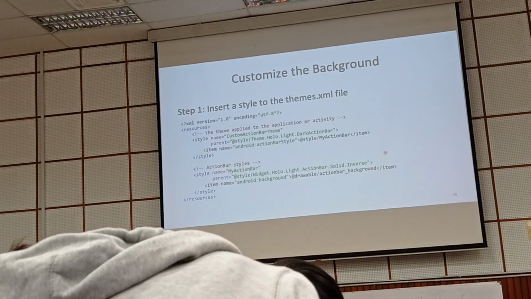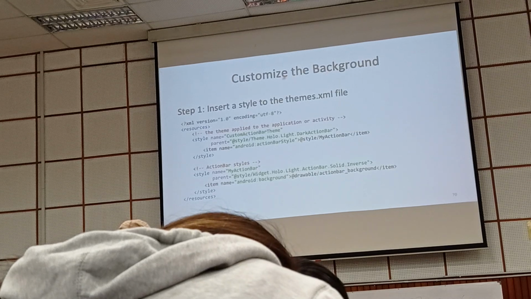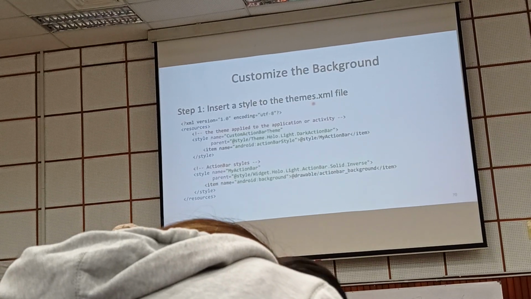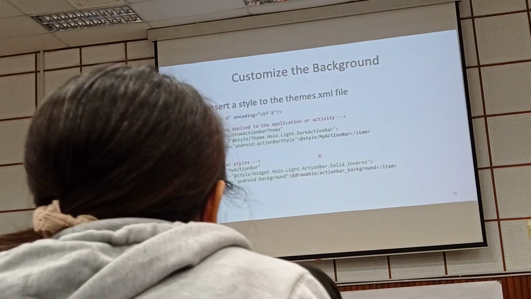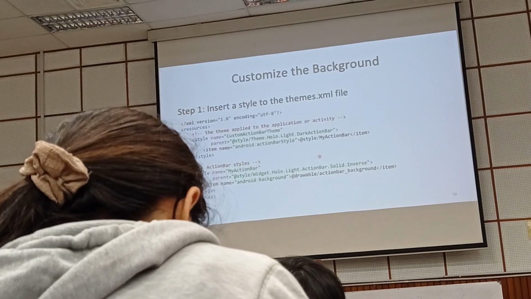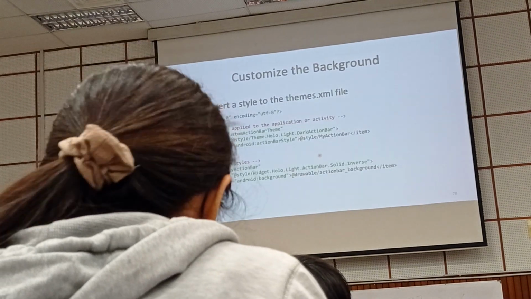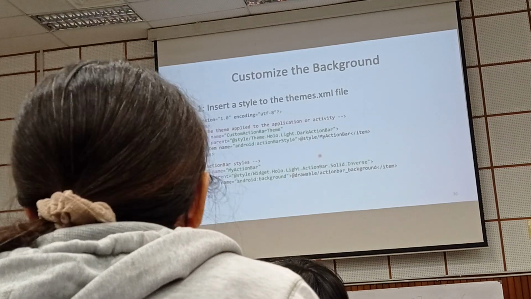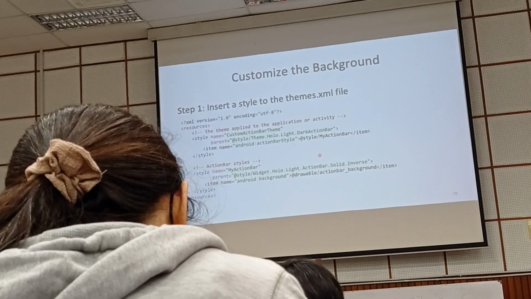How do we apply customization? You can apply any customization to your app by inserting style to your file called themes XML. Okay? But usually as a developer, we don't care much about the design because the design will be handled by another department. But let's say, unfortunately, you are the one-man company.